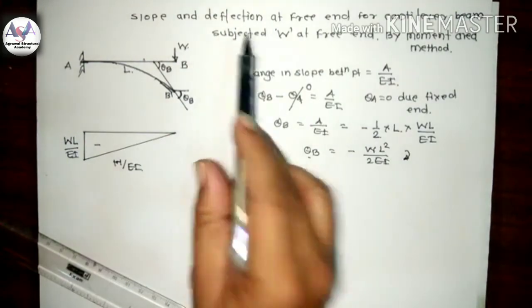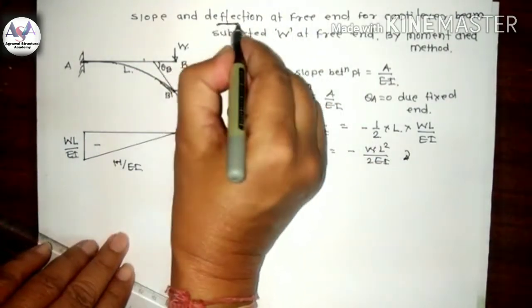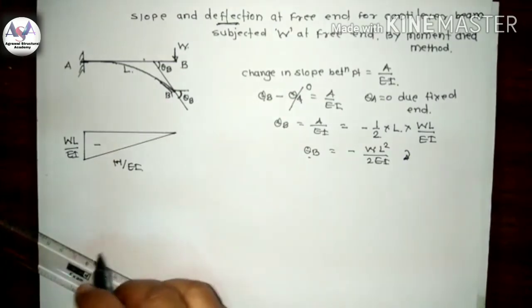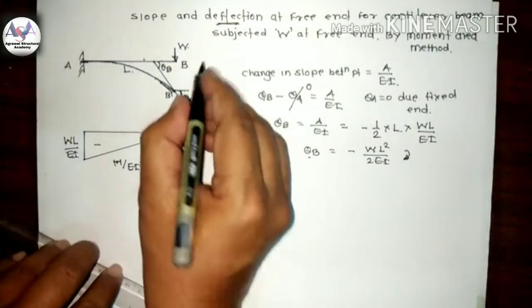Now our aim is to find the deflection. This is delta.